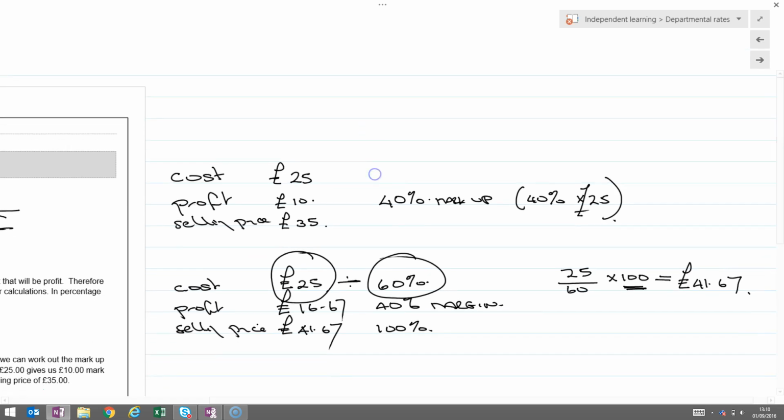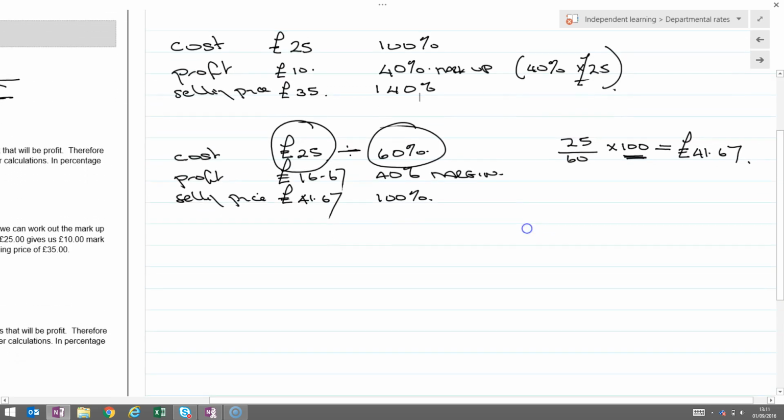If we go back to where we looked at the markup, in percentage terms, our cost is equivalent to 100% and our selling price is equivalent to 140, because it's cost plus the profit gives us the selling price. So just to summarise, we've got cost, profit, selling price.